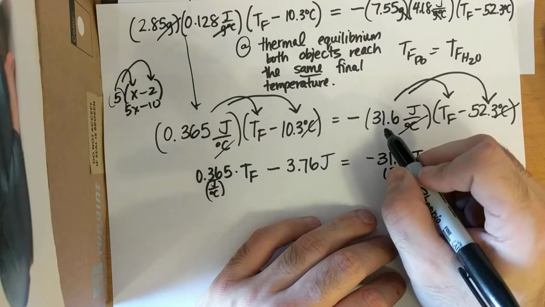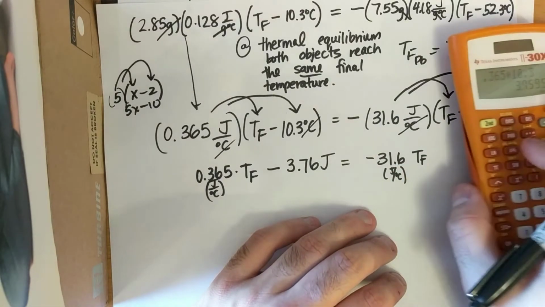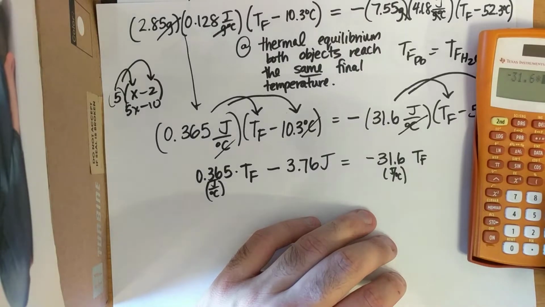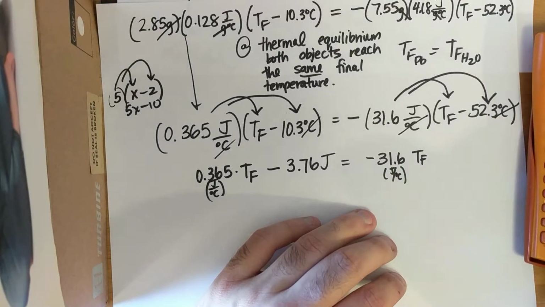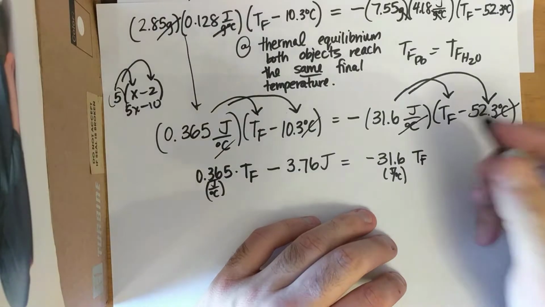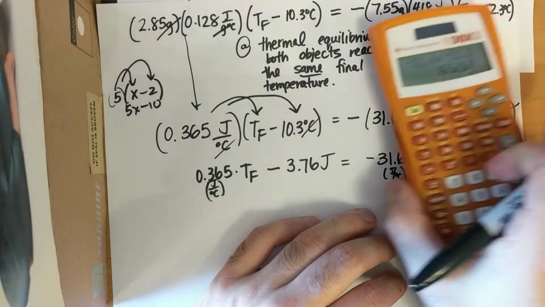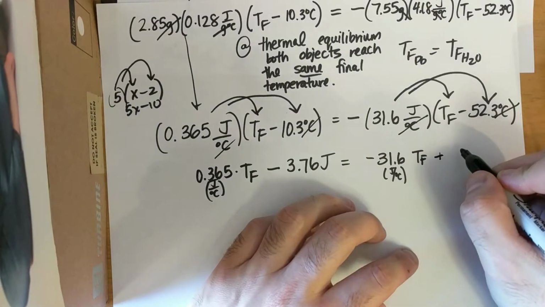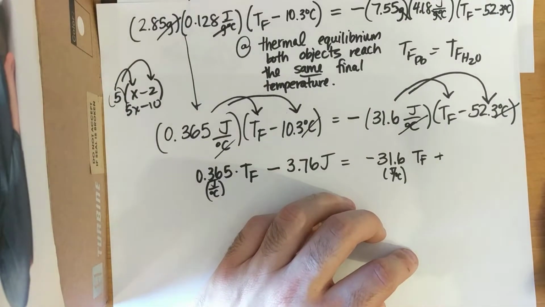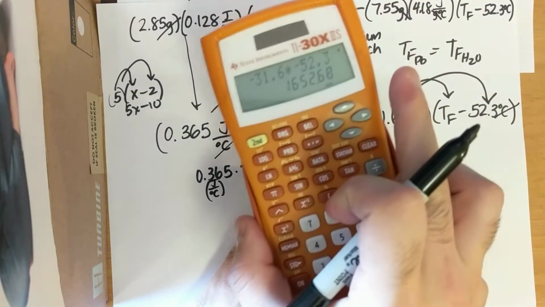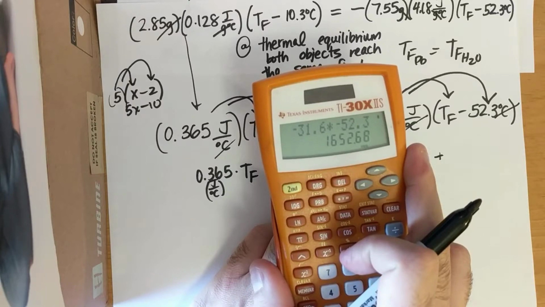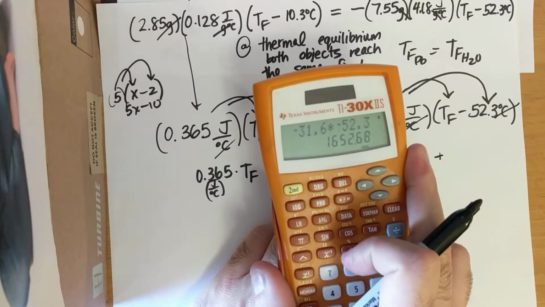So negative 31.6 times negative 52.3. And I get positive, right? Because negative times negative is positive. Positive 1,6.., I'm going to use 3 sig figs. So I mean, I am going to round, but I'll round this to 1,650, right?